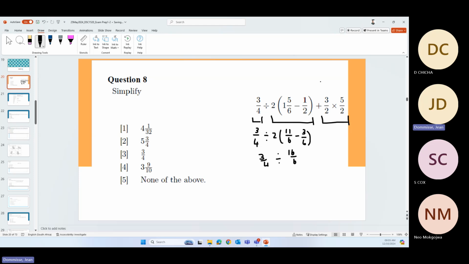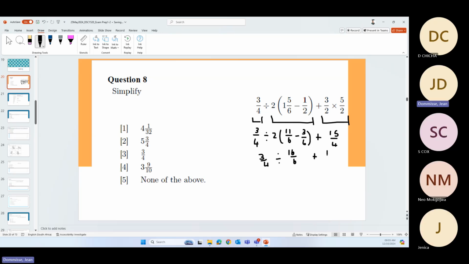And then let's see what we have on this side. So plus 3 times 5 is 15. 2 times 2 is 4. Okay, so that at least is something, but we will make sure how we now go about it.